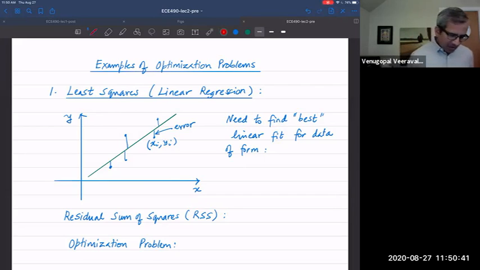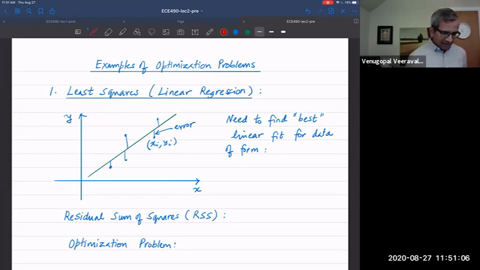Okay, so a very interesting use of optimization is in the context of least squares or linear regression. It can be thought of as a machine learning application. So you have a bunch of data, and the data are xi, yi pairs.